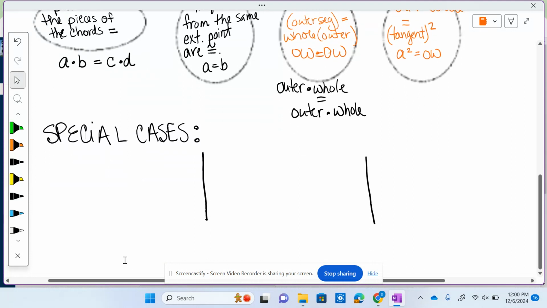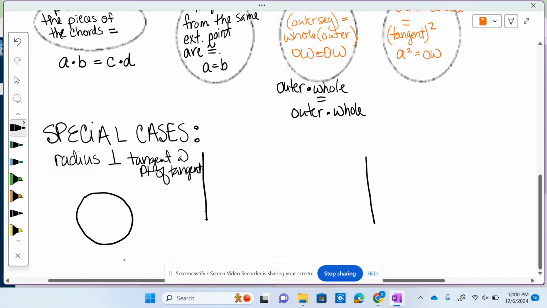Our first one is, remember that a radius is perpendicular to the tangent at the point of tangency. Right? So when the radius connects to the tangent, we know that those are perpendicular. So let's kind of draw a sketch of that.